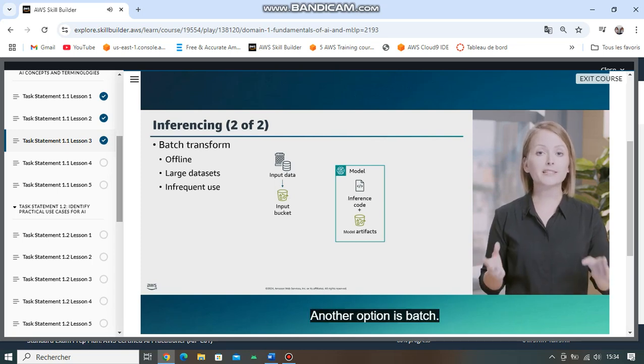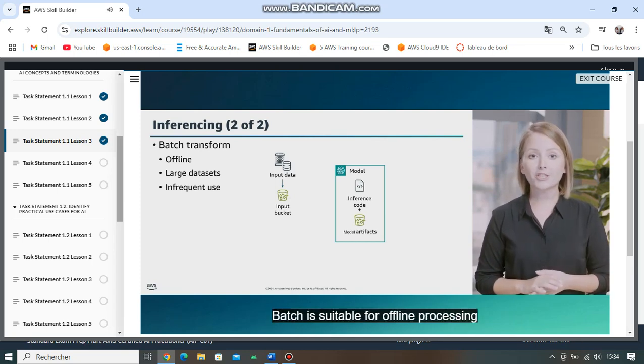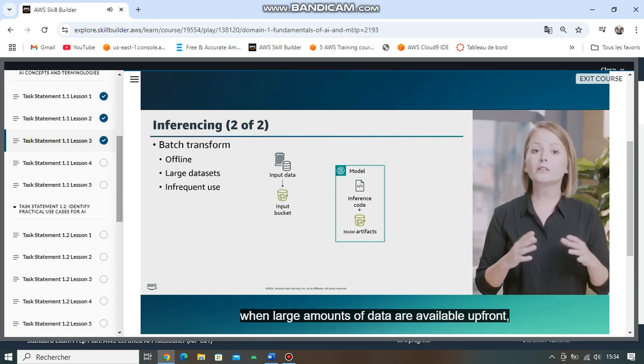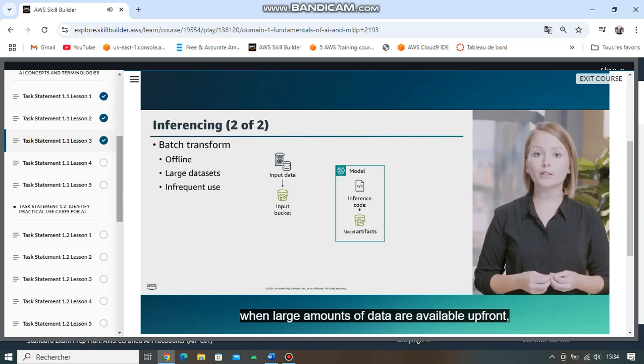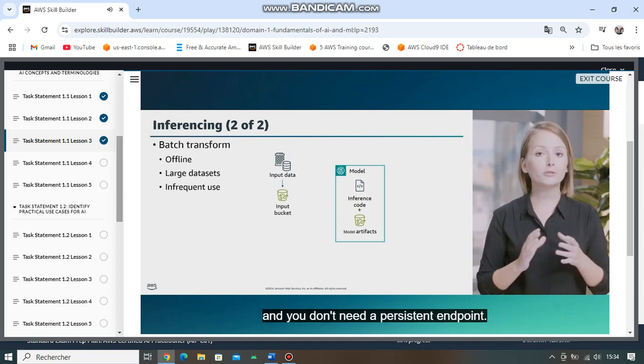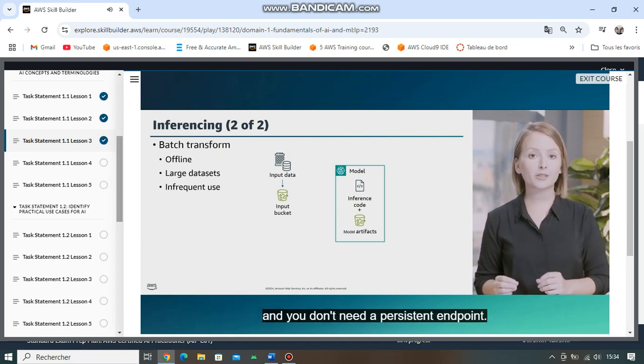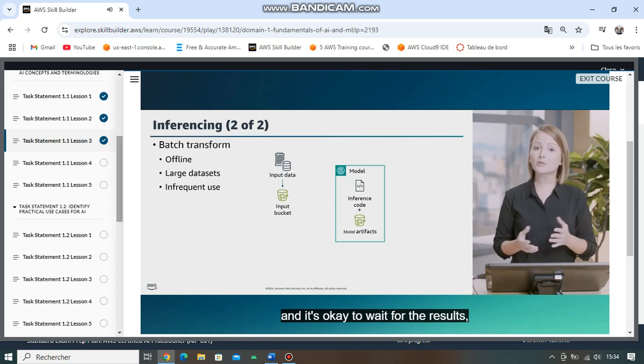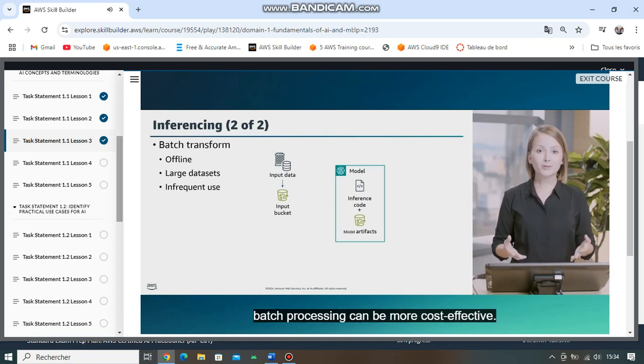Another option is batch. Batch is suitable for offline processing when large amounts of data are available upfront and you don't need a persistent endpoint. When you need a large number of inferences, and it's okay to wait for the results, batch processing can be more cost-effective.